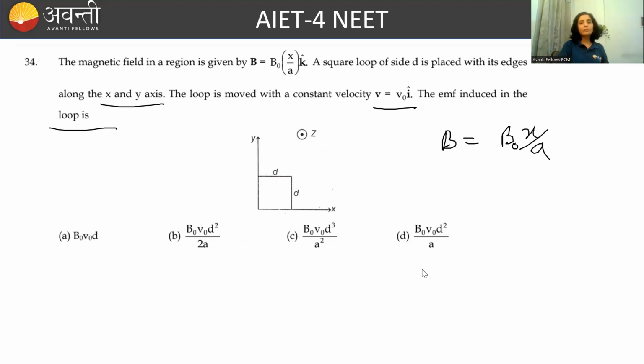Look, in the previous question I solved by calculating area and all, and now I'm going to solve it with a concept that I have taught you in the class. One more concept, which I also taught, but I'm going to discuss it using another concept. That was our motional EMF concept for a straight wire.